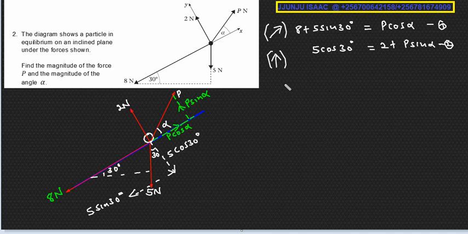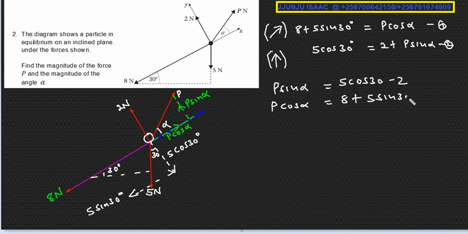So what I'm going to do is to write P sine alpha equal to 5 cos 30 degrees minus 2. Then also P cos alpha from equation 1 is equal to 8 plus 5 sine 30 degrees. So to find alpha, I'm going to divide the two equations because I have a sine and a cos. When I divide, P disappears and the sine over cos gives me tan.